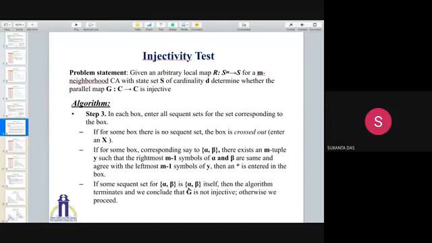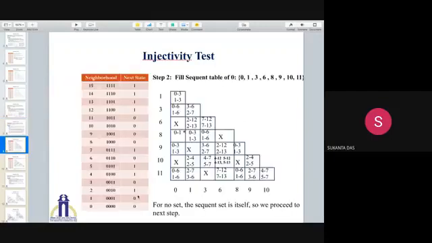So for sequences alpha and beta, if you get alpha beta itself, then the algorithm terminates, and we conclude that the CA is not injective. Let me come back again. As I've said, if we find 0 and 1, I'm giving an arbitrary example, so 0 and 1 and one set.